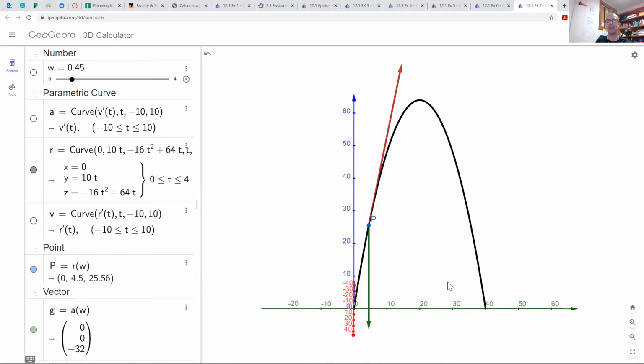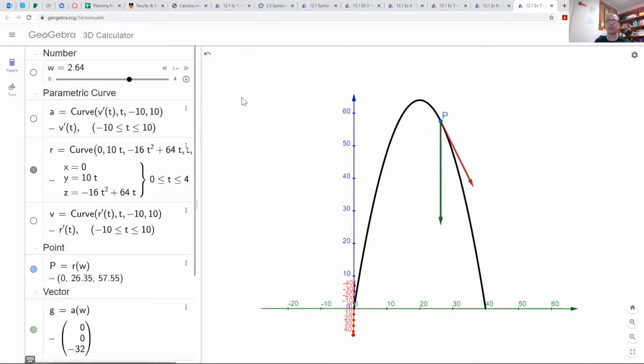So that's the arc that the slingshot ball would follow. I have a tangent vector in red, and I actually put the acceleration vector here in green. And this is what it would look like for different values of t. And again, I'm using w as the slider.